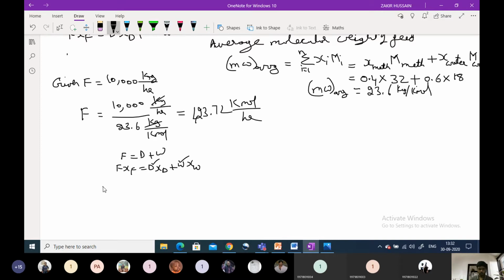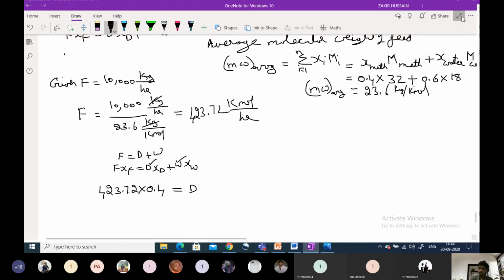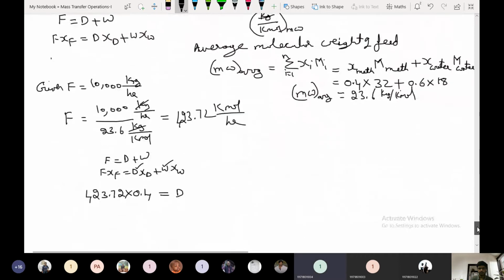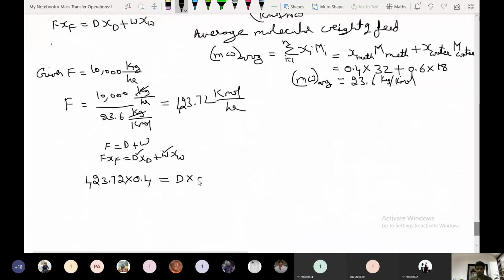So F is 423.72 into xF, which is 0.4, 40 percent methanol, equal to D, unknown, into xD, which is 0.97, plus W, unknown, into xW, which is 0.02.